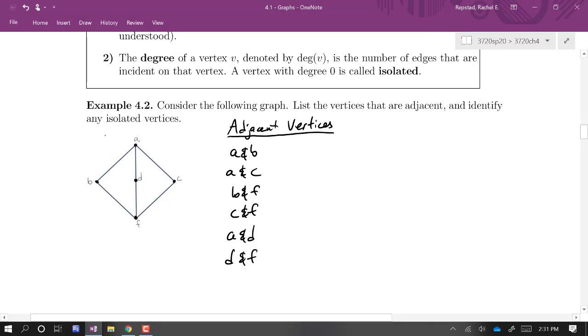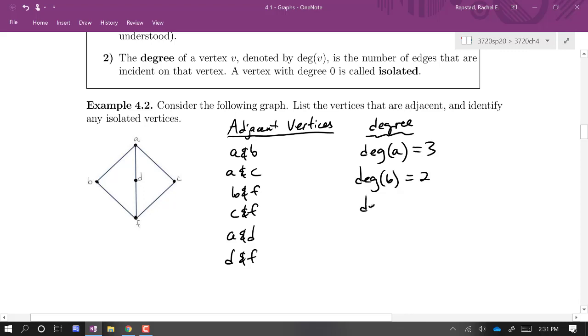We could write out the degree of each vertex. So the degree of vertex A, which we would indicate in this way, deg of A, is 3. The degree of B is 2.